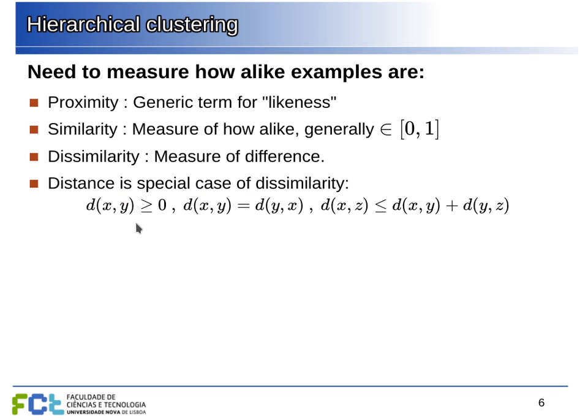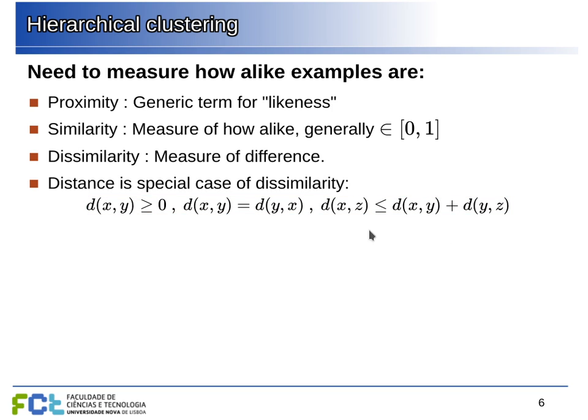For a distance, it must be positive or non-negative. It must be symmetrical, so the distance between x and y is the same as between y and x, and it fulfills this triangular inequality. So the distance between x and z cannot be greater than the sum of the distances of x to some y and then y to z.